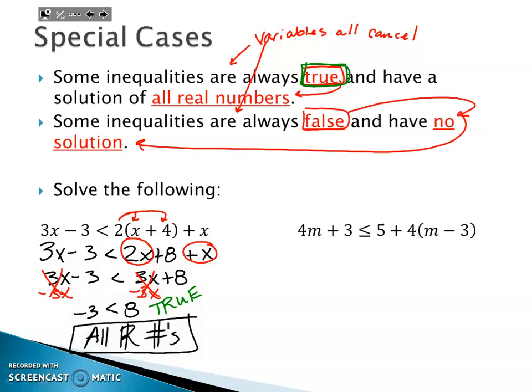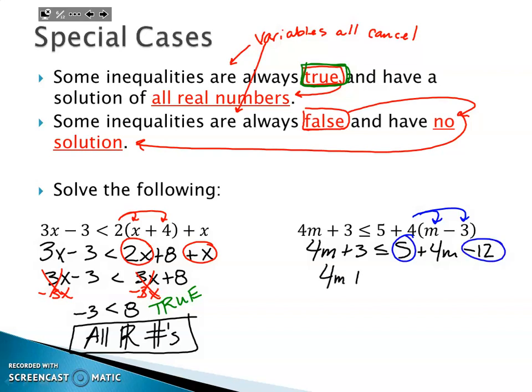Now, the other example, on the flip side, is if we got a false solution. So let's look at this one. I'm going to distribute in my 4. When I do that, I get 4m plus 3 less than or equal to 5 plus 4m minus 12. Combine my like terms, so that 5 and that negative 12 go together.